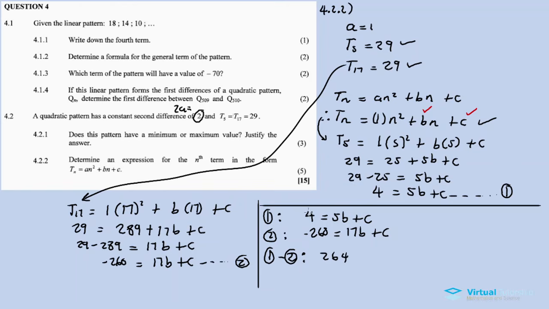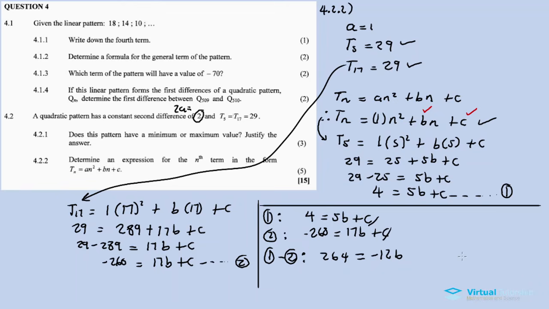So on the left-hand side we subtract the left-hand side of equation 2 from the left-hand side of equation 1, and you do the same for the right-hand side, making sure to subtract like terms. 5b subtract 17b gives minus 12b. c subtract c, they cancel each other out.